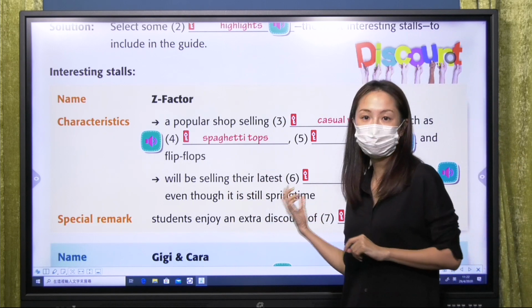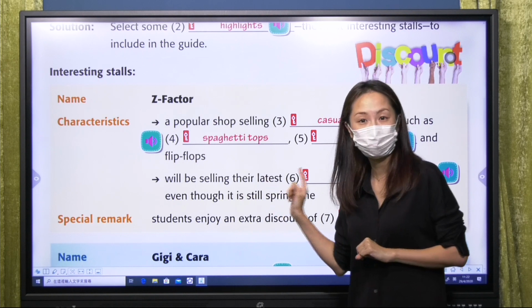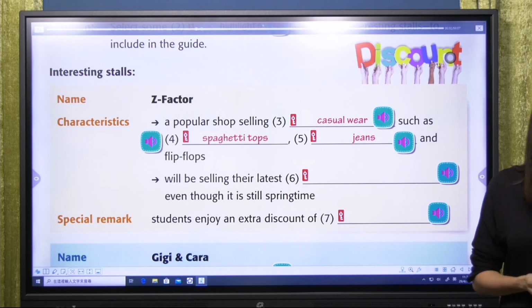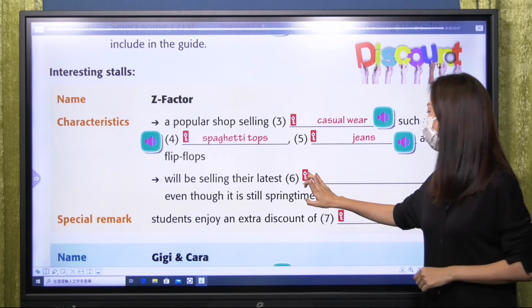Even though it's still springtime. 春天賣緊 latest 最新的。It's still springtime now, but they'll bring their latest summer collection to the sale.